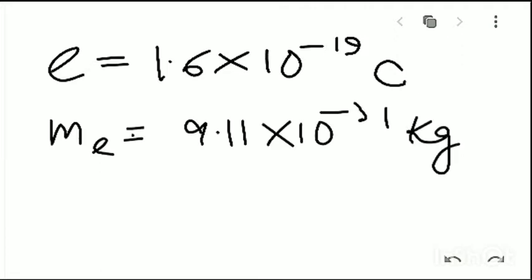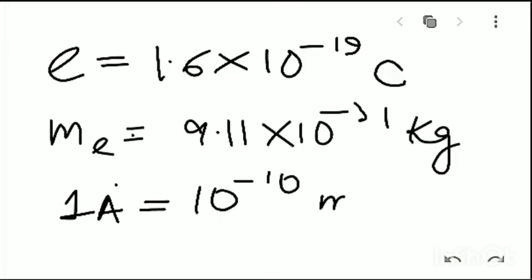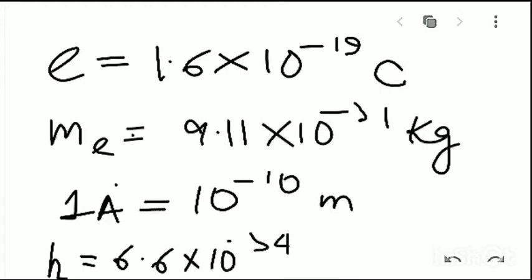All kinds of wavelengths are expressed in Angstrom, and 1 Angstrom is equal to 10 to the power minus 10 meter. One more, Planck's constant. That value is often given in the problems. Still, it is usually 6.6 into 10 to the power minus 34, and the unit is joule second. And the velocity of light is known to all of you. So these values are often required while solving the numericals. Please note them down if required.